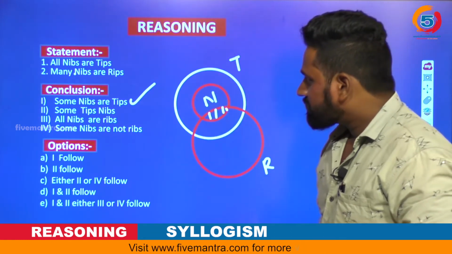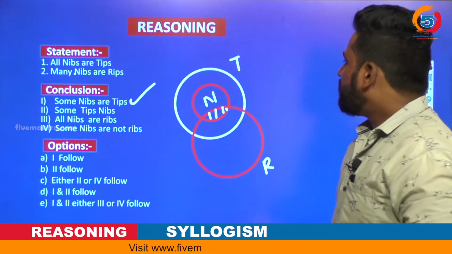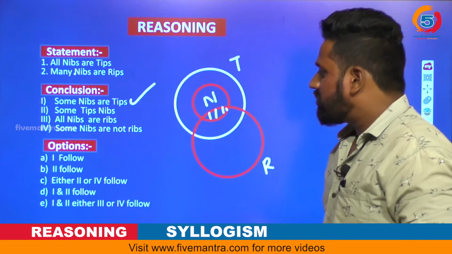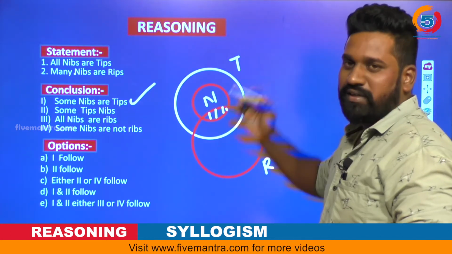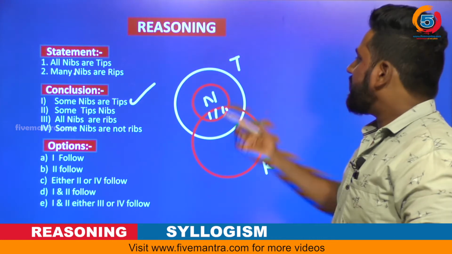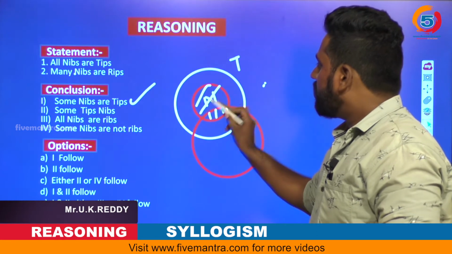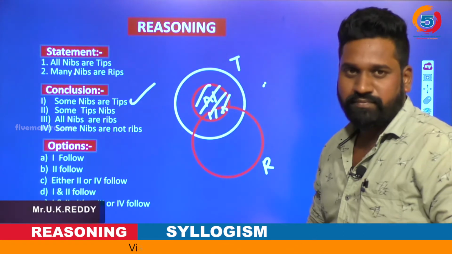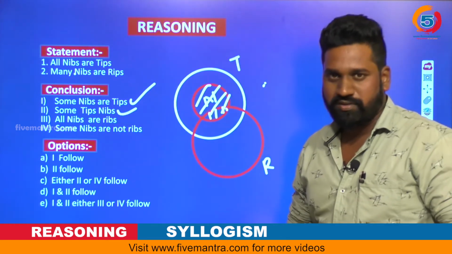And the second one, some tips are nips. Is it correct? That is also exactly correct, because the entire nips becomes tips. So in that case, some of the tips become nips, because this is the combined portion for both nips and tips, right? So the second one is also a correct conclusion.